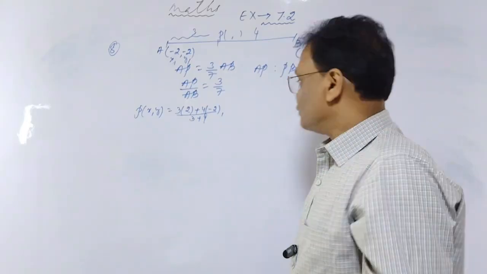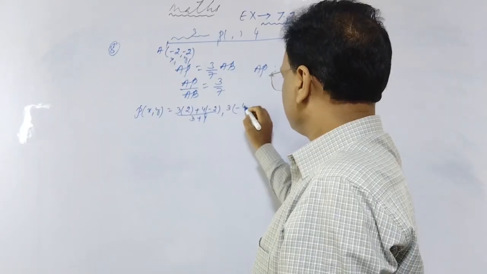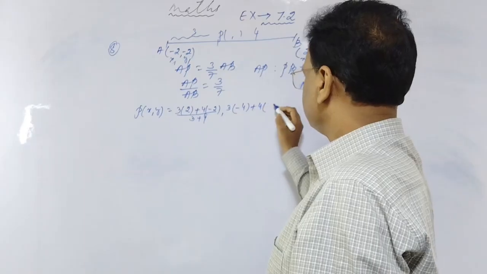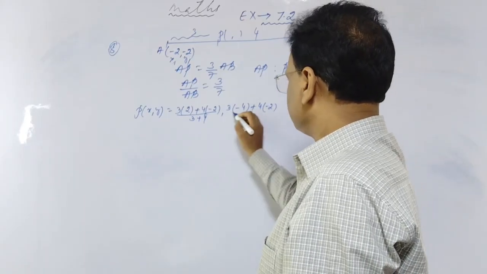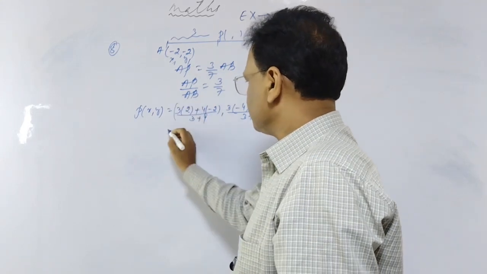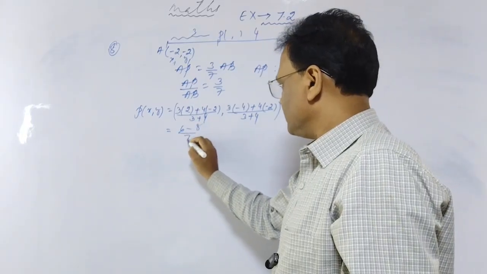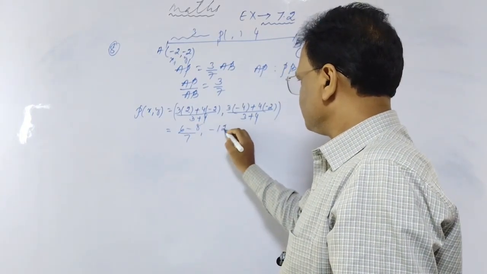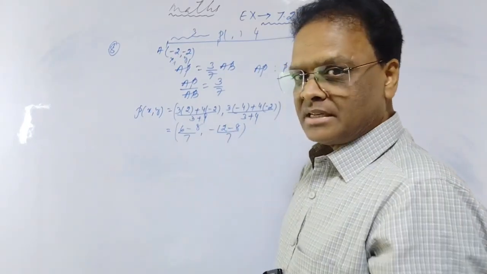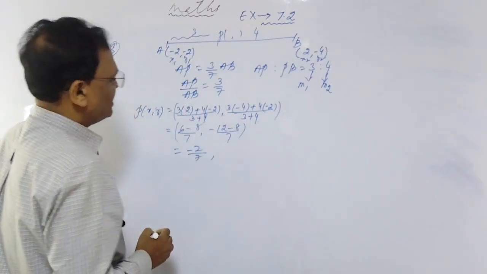Again m1 y2, m1 is 3, y2 is minus 4, plus m2 y1, minus 2, divided by 3 plus 4. So finally if I calculate, this becomes 3 twos are 6 minus 4 twos are 8 divided by 7. But 6 minus 8 is what? 6 minus 8 is nothing but minus 2 by 7.